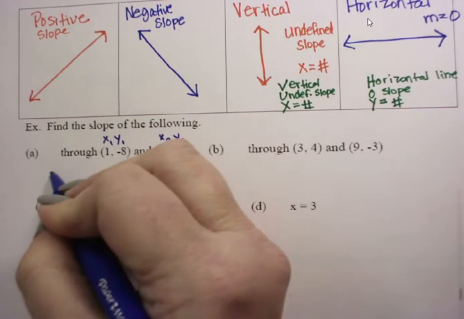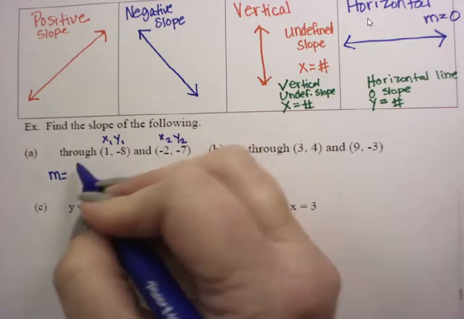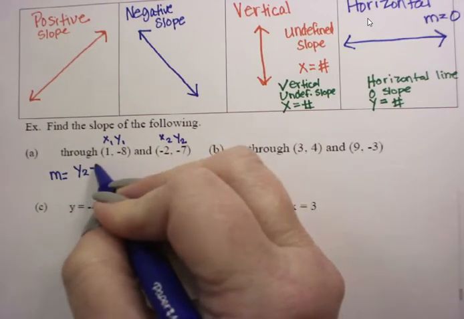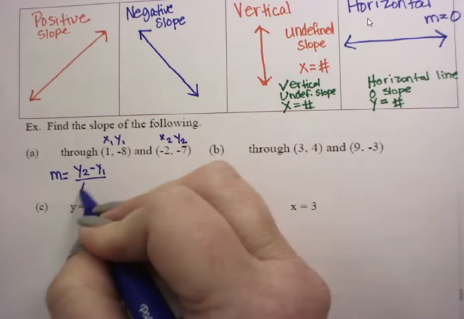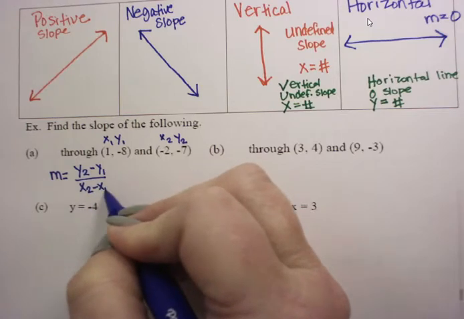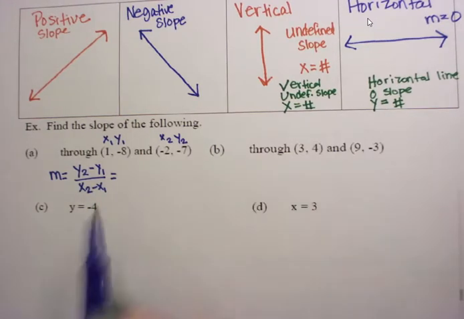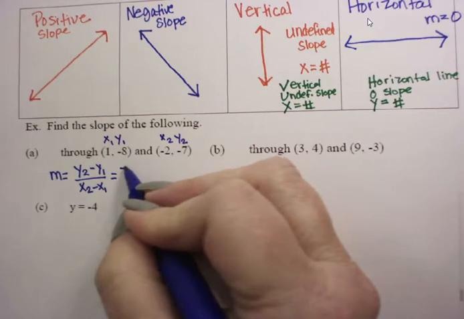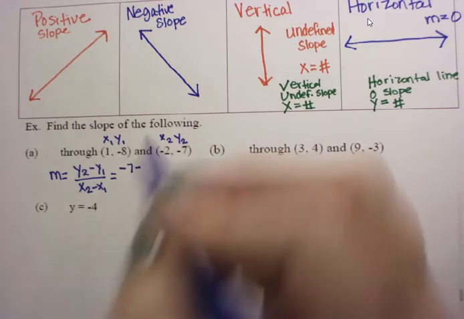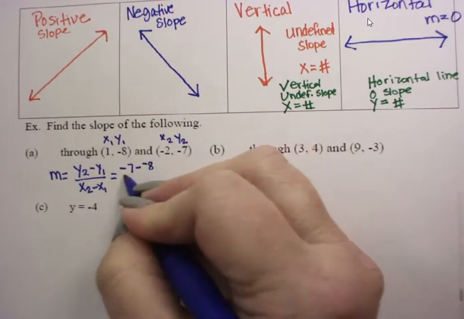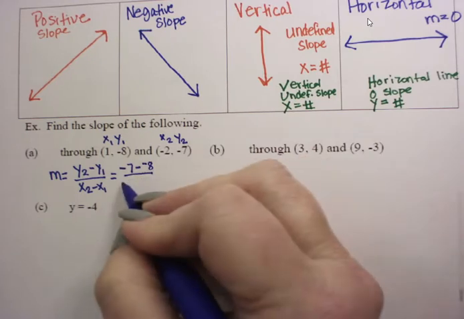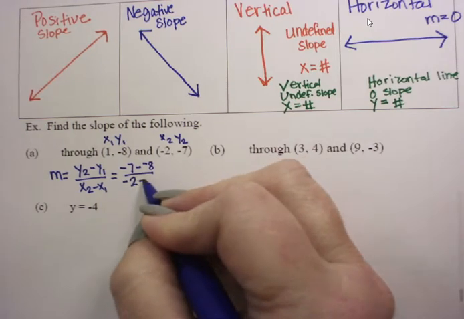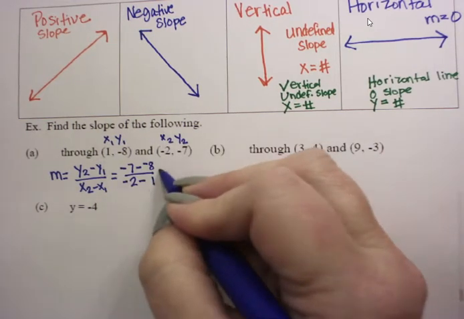And then we're going to use our formula. Slope equals y sub 2 subtract y sub 1 over x sub 2 subtract x sub 1. Our y sub 2 is negative 7. Subtract our y sub 1, which is negative 8, over x sub 2, which is negative 2, subtract x sub 1, which is 1.